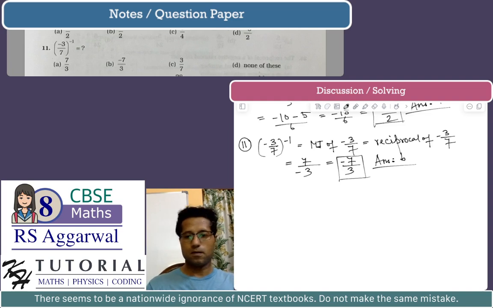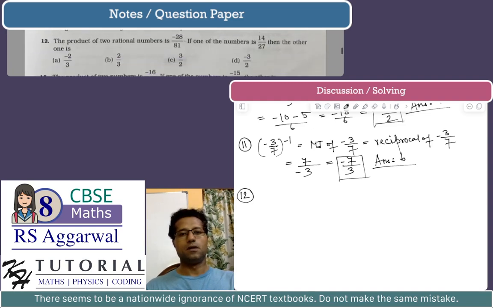Okay. Let's do problem number 12. This is a word problem. The product of two rational numbers is minus 28 by 81. If one of the numbers is 14 by 27, then the other number is. Let the other number be x.